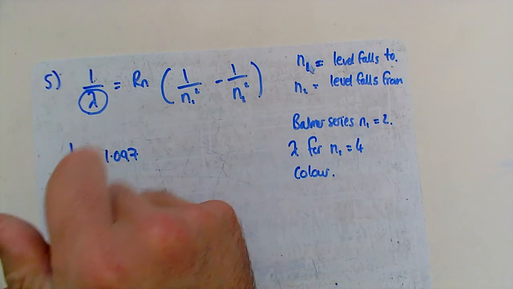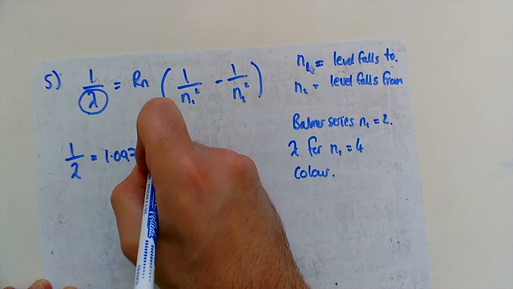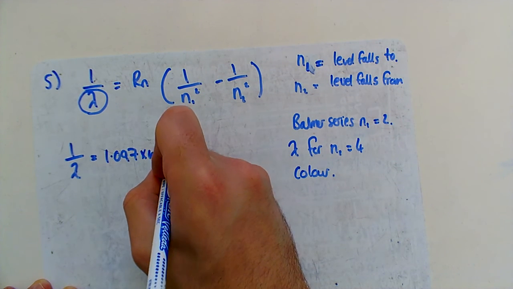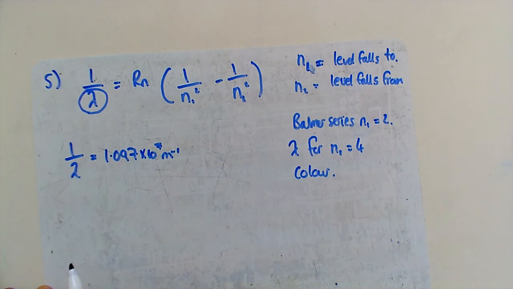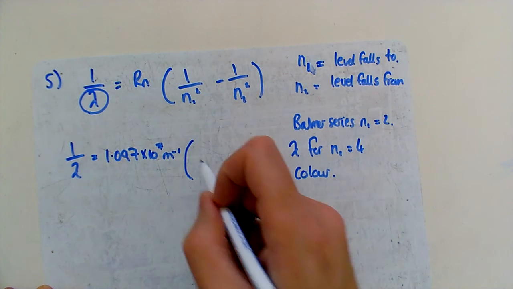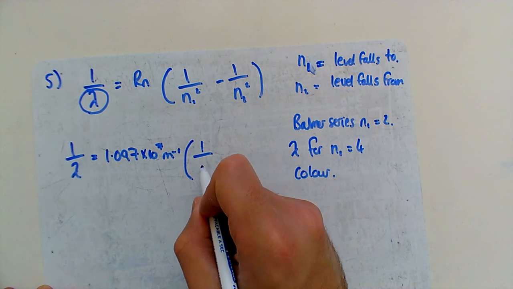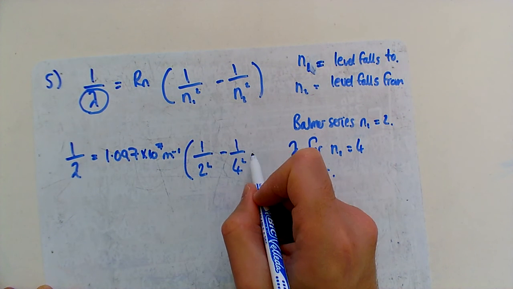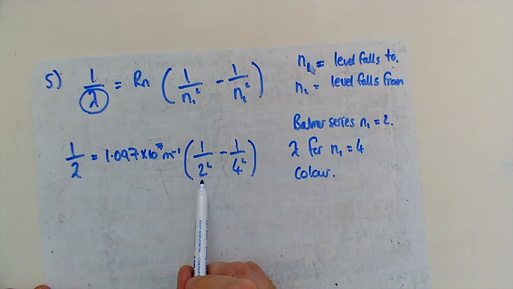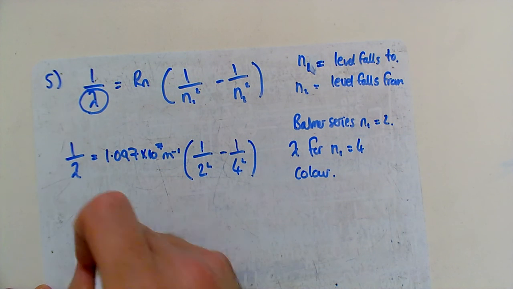Now Rn was 1.097 times 10 to the 7 meters to the minus 1. So we've got to be careful. We're going to be given a value in meters at the end of this. Multiplied by 1 over 2 squared minus 1 over 4 squared. So this is going to be 4 squared is 16.